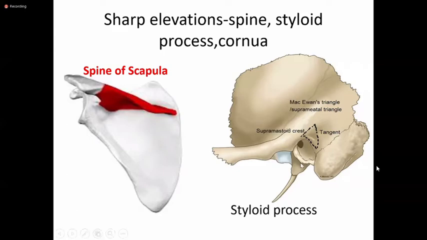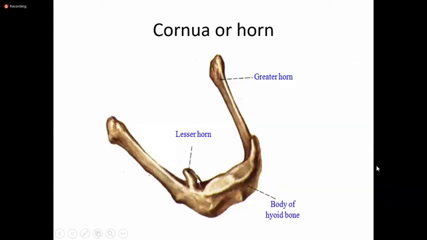This is the styloid process. Then cornua, or the horn, is a horn-like process present over the body of the hyoid bone. Here we can see two horns, the lesser cornua, which is smaller, and the greater cornua, which is larger. This is the body of the hyoid bone.